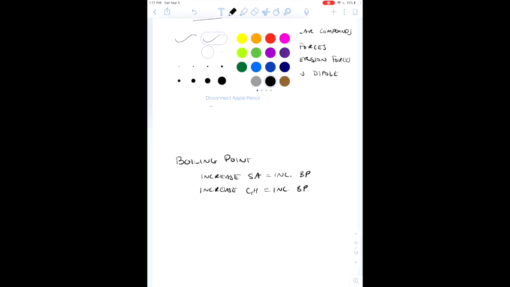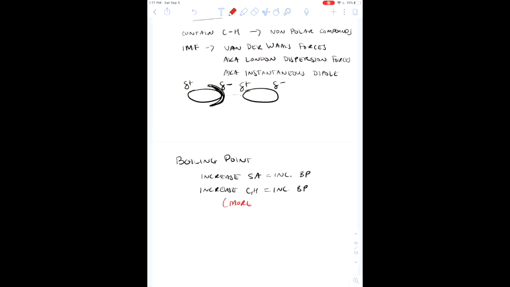And if we're adding more electrons, then let me write that for you. So more electrons equals more opportunity for intermolecular forces. So I'll put VWF for van der Waals forces, just because your particular book has that, but I'll tend to refer to that force as instantaneous dipole, as I've written up here.